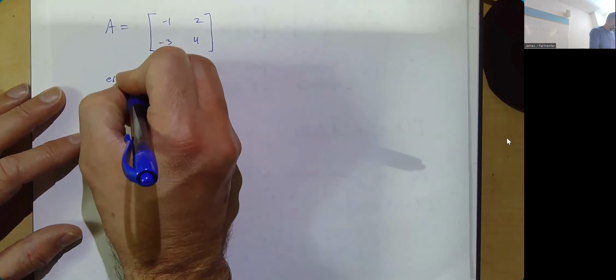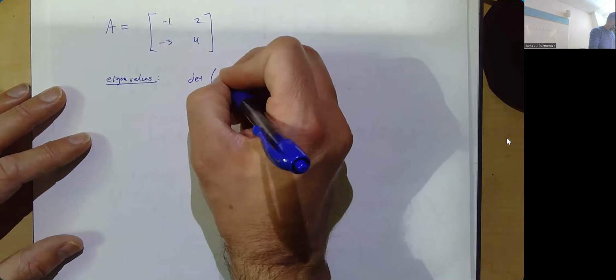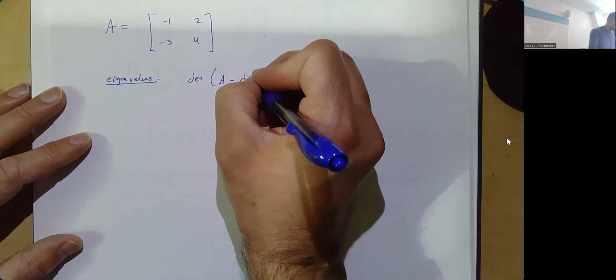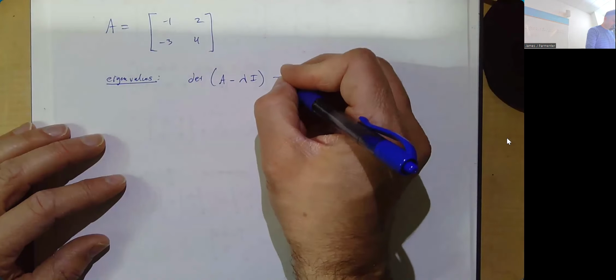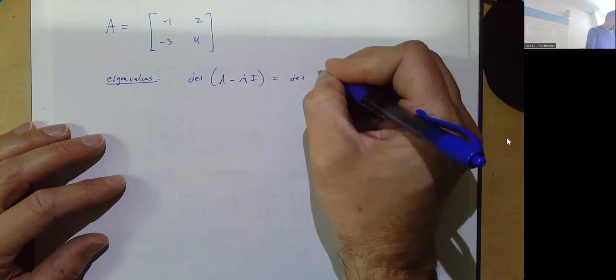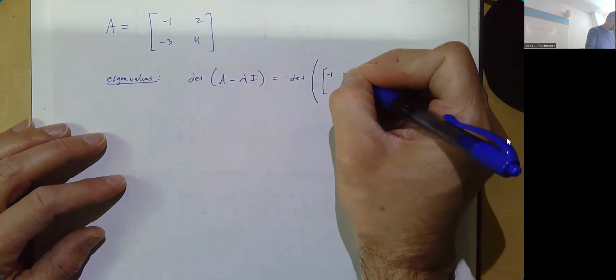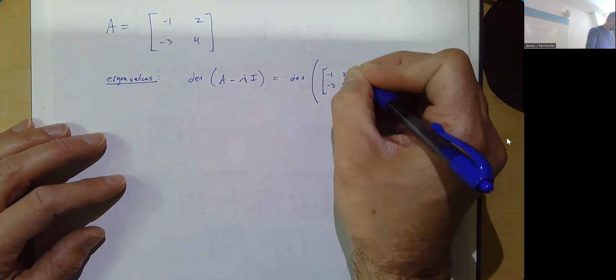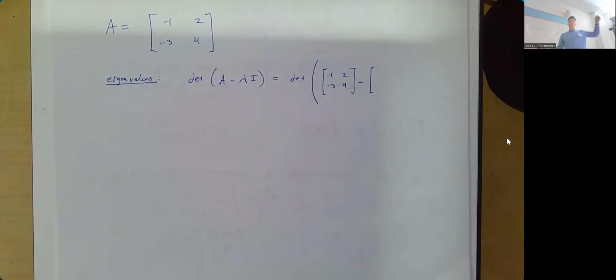To find the eigenvalues, we're going to take the determinant of A minus lambda times the identity matrix. I'm going to write it out, and then we'll talk about how we get there. So that's the determinant of the matrix A, -1, 2, -3, 4, minus the identity matrix, which is the matrix with 1s on the diagonal and 0s everywhere else.